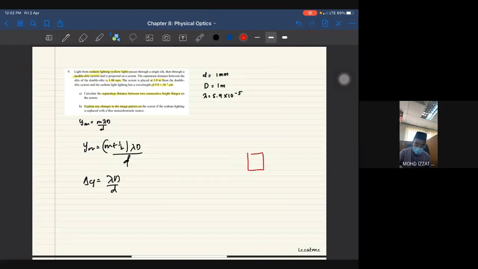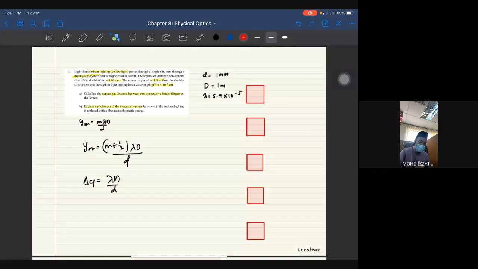Katakan ini adalah central bright. So this is the interference pattern. So kalau soalan dia tanya ni, soalan dia tanya apa?